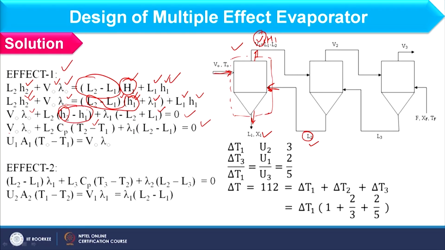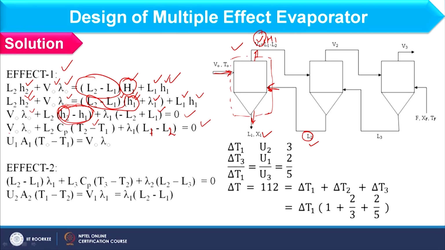We can expand this term, and then plus lambda 1 bracket L2 minus L1. So, here I am having another term, that is lambda 1, and this should be L1 minus L2, right.